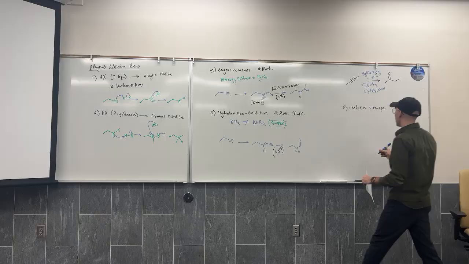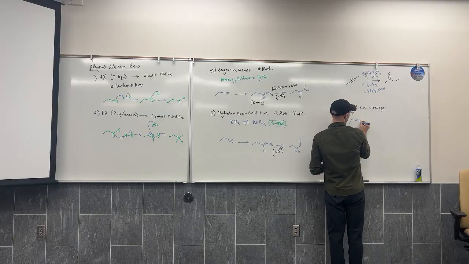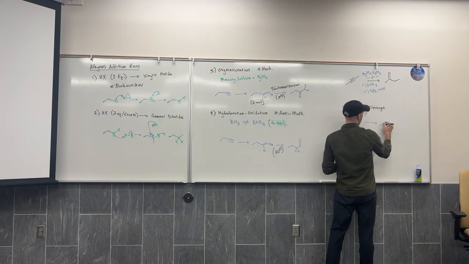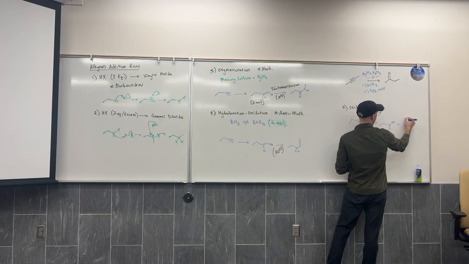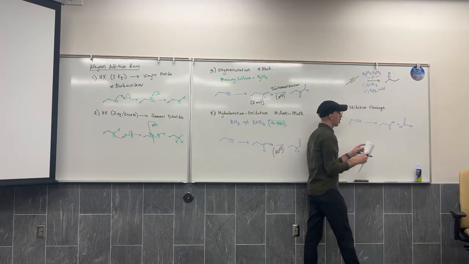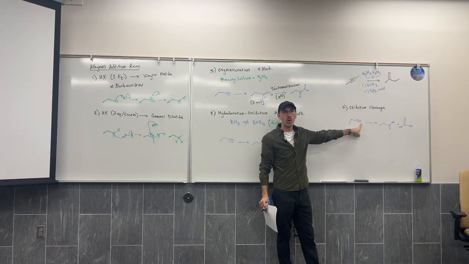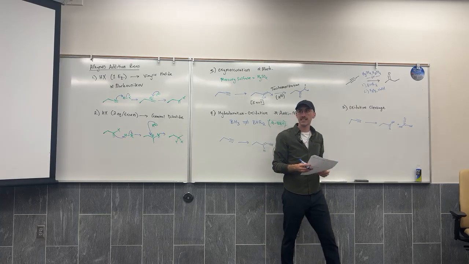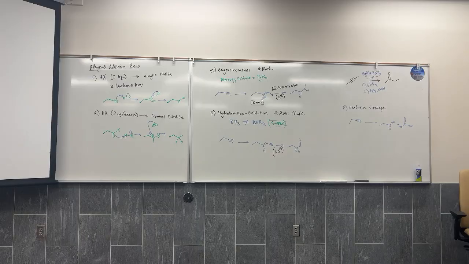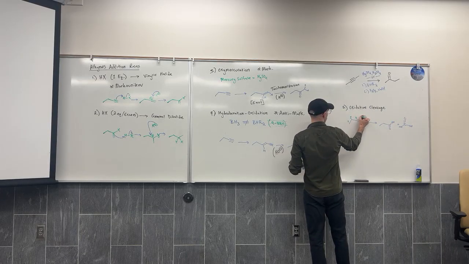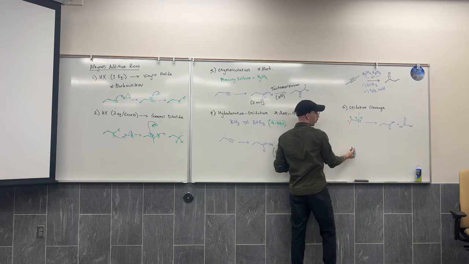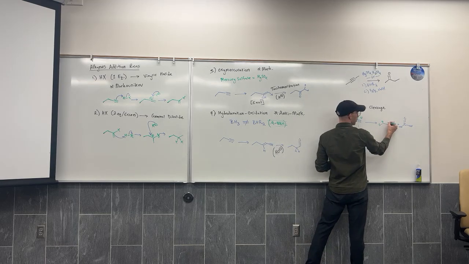Now, I've pointed out that on this oxidation, you would create a one-carbon dicarboxylic acid. Let's map our carbons so that we can track that a little better. 1, 2, 3, 4. 3 and 4 gets split by this reaction.